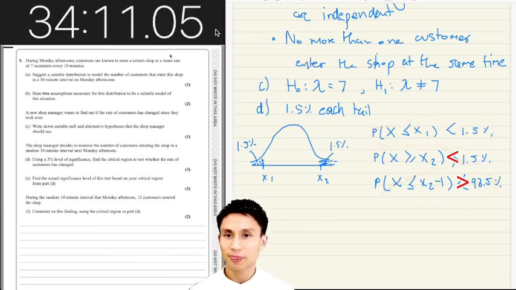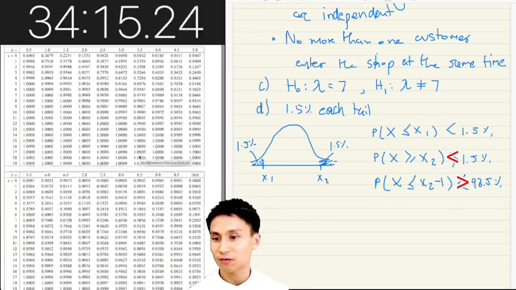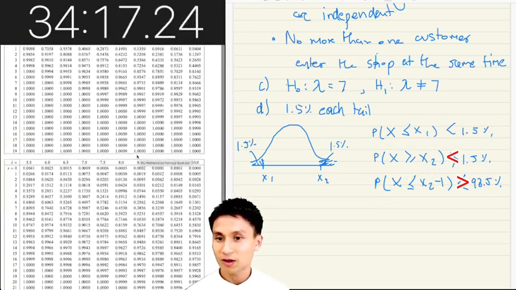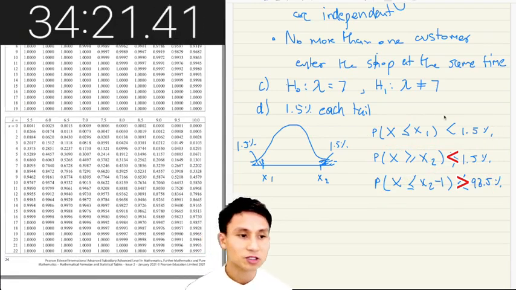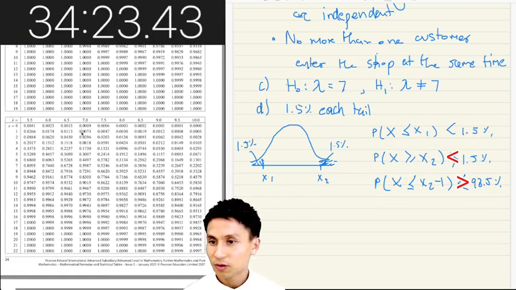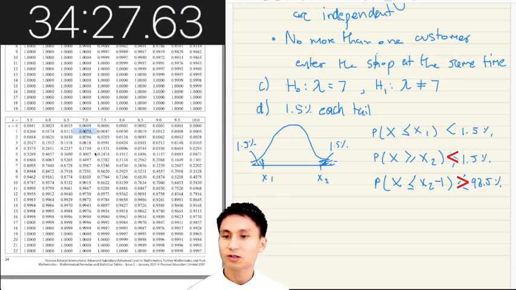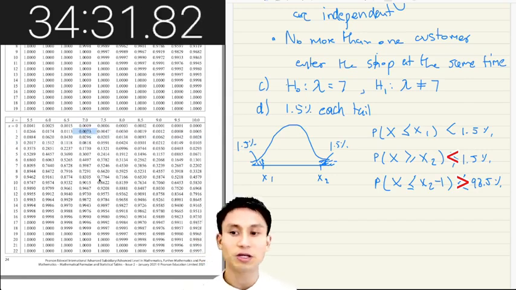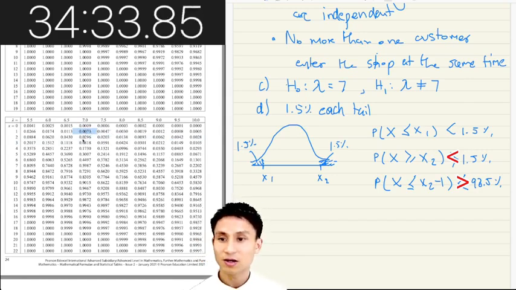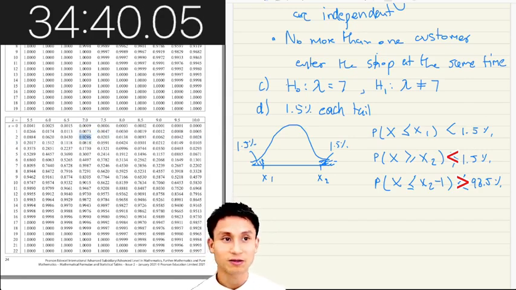So there you go. This is lambda being 7, all right? I'm just going to go to Poisson, lambda being 7. Okay, 7 here. So we got to search for the value, with lambda being 7. So that is 0.0073, which if you multiply that by 100, is 0.7%. If you go a little bit above, it's going to be over 1.5% already to the left end, right?